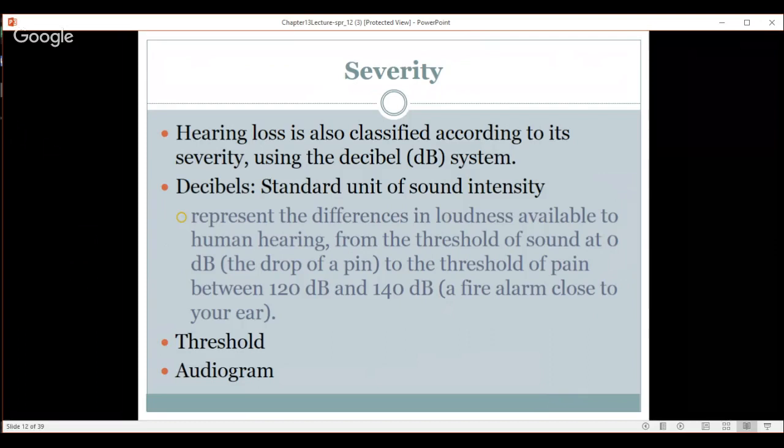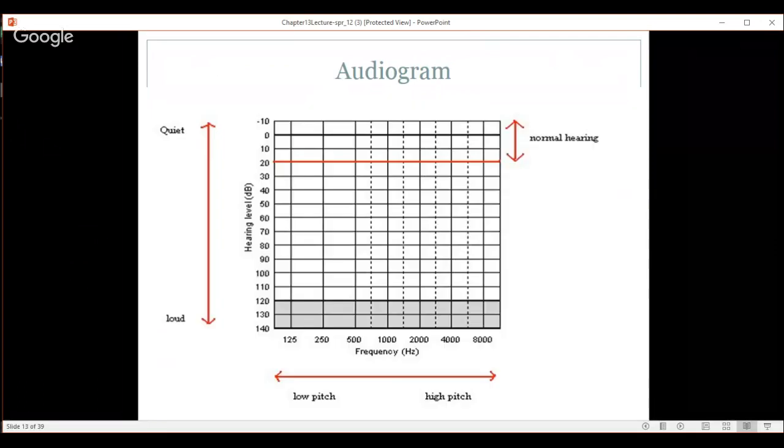The threshold of hearing is plotted on a graph called an audiogram, and we'll be looking at one right now. So looking at this audiogram, you can see the red line going across at 20 decibels, and that's the hearing level.